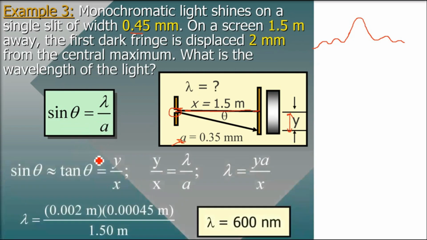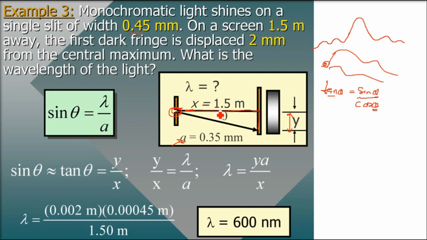Now sine theta is lambda by a, we just saw. As we already know, when theta is very small, because the path difference or the phase difference is very small, tan theta will be almost equal to sine theta, because tan theta is sine theta by cos theta. When theta is 0, cos 0 is 1. So tan theta can be equal to sine theta.